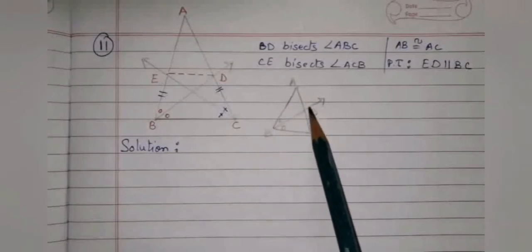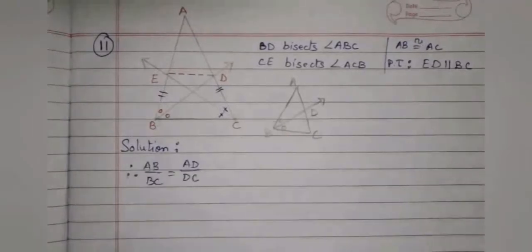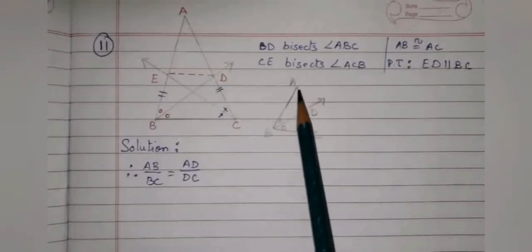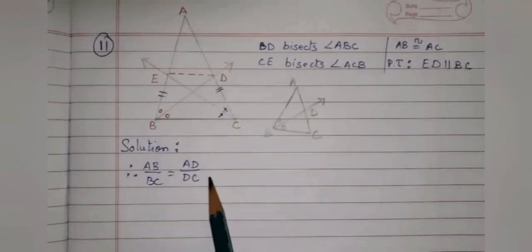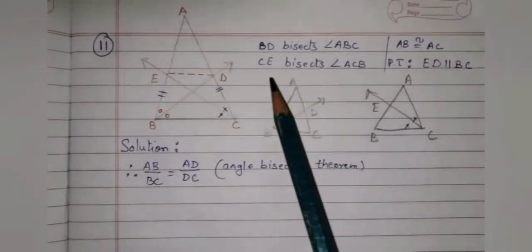In triangle ABC, BD bisects angle ABC. So we get AB upon BC equals AD upon DC here by angle bisector theorem.